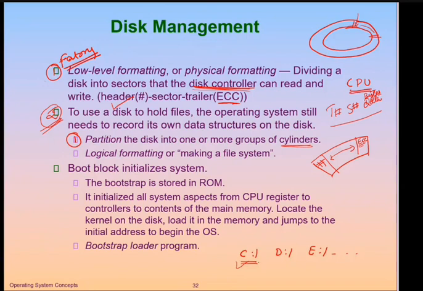Partitions can be used for different purposes. For example, all the executable programs may be installed in the C drive, and all the documents kept in the D drive, and a user can choose any drive for different purposes. This is the partitioning that the operating system has to do.